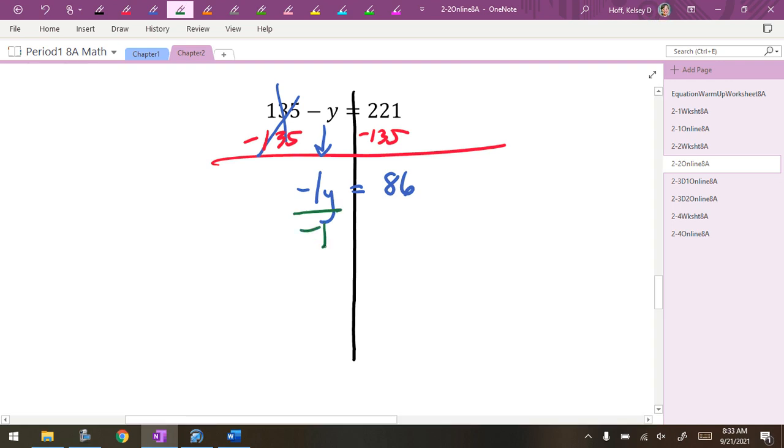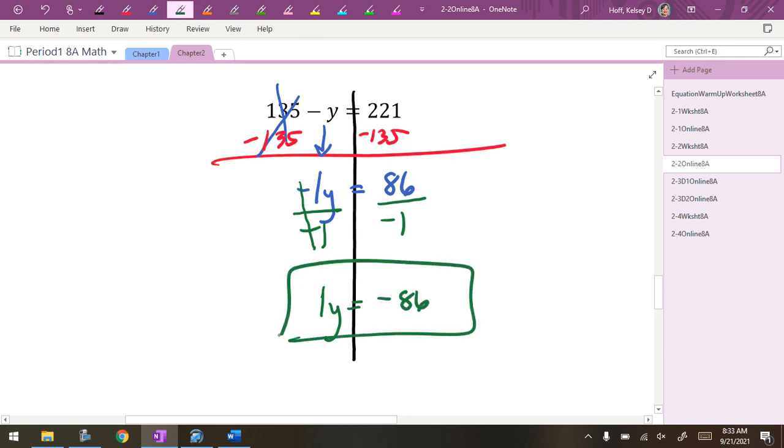If you divide by a negative 1, a negative divided by a negative becomes a positive 1. Whatever you do to one side, you have to do to the other. So positive 86 divided by negative 1 is negative 86. So don't quit if you have a negative 1 or a negative anything with your coefficient.